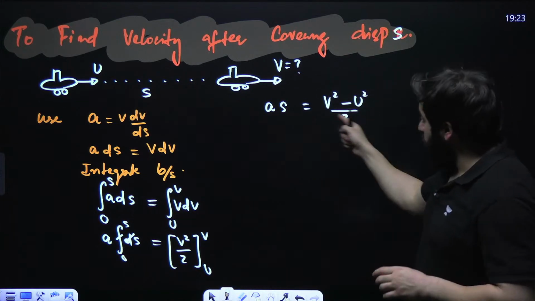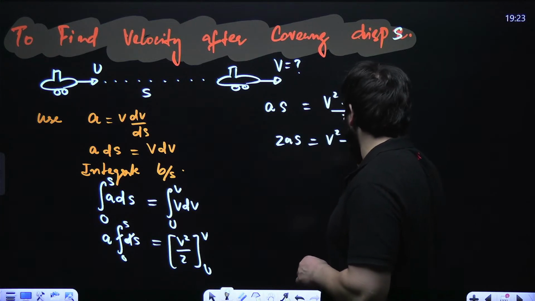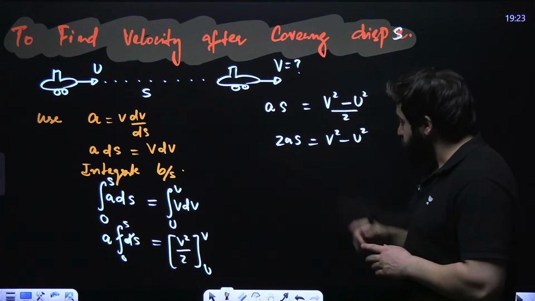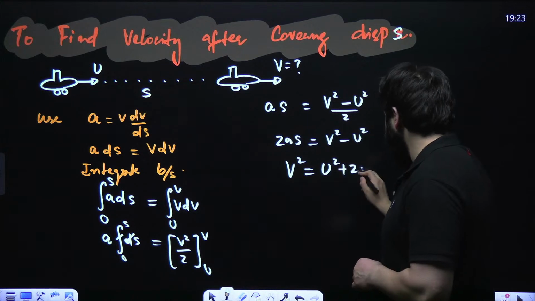Okay. Now multiply over here. So this will be 2as is equal to V square minus u square. So I can write over here V square is equal to u square plus 2as.